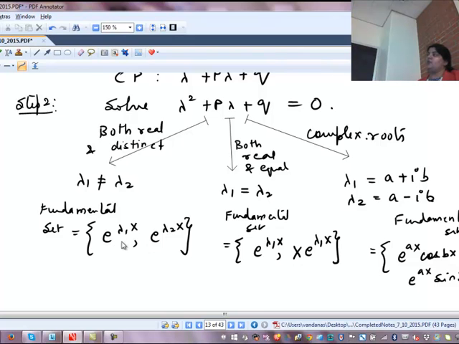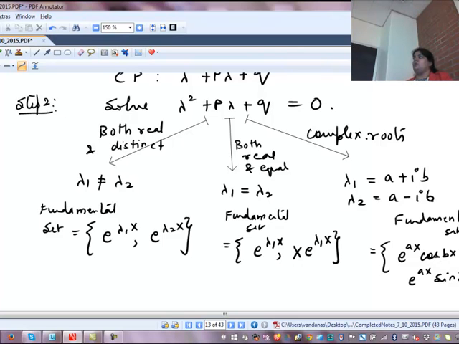This case you have already done in written homework 1, when you were plugging in e to the power lambda and getting two different lambda values. This one, suppose the polynomial is like that, you get two repeated roots, then you multiply by x. There is a method by which we can derive why the second one comes like this. We will do it next time. And here if you have an imaginary part, you will consider this.